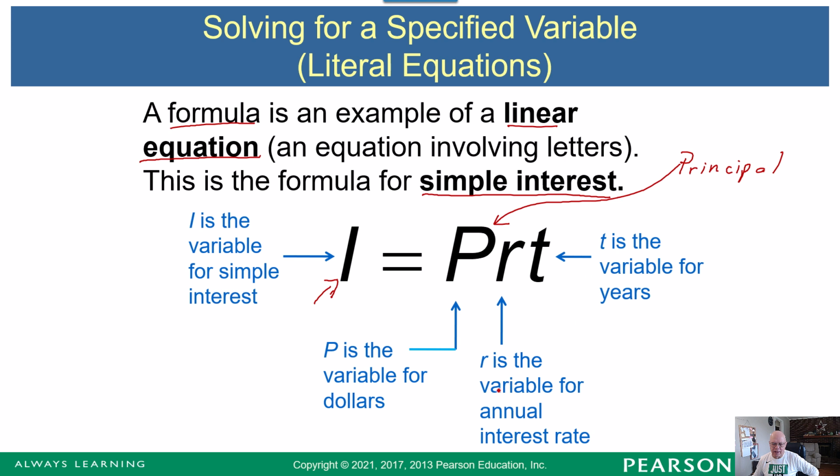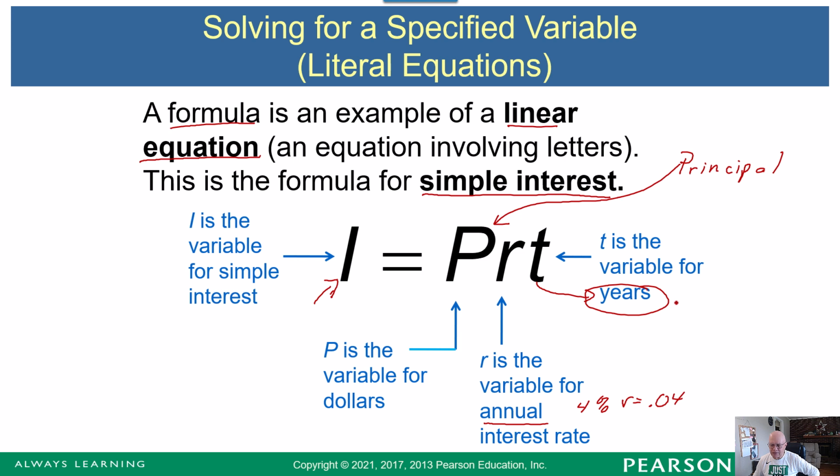The rate is the variable for the annual interest rate, and you write that down. If you get 4%, for example, you're going to make R equals 0.04. Make that into a decimal or a fraction, but usually a decimal, to work this out. The third thing is T is in years.